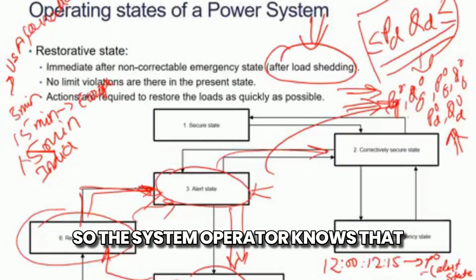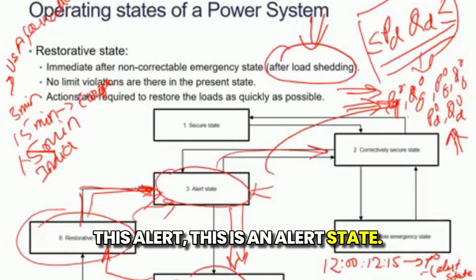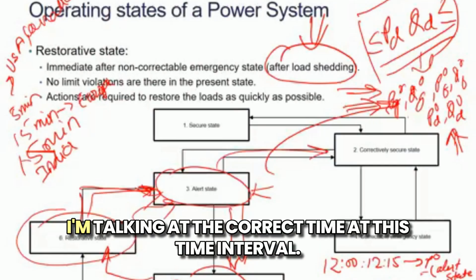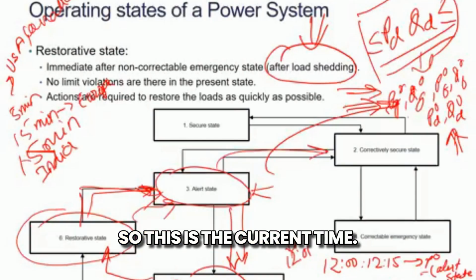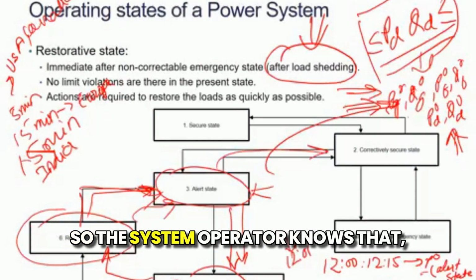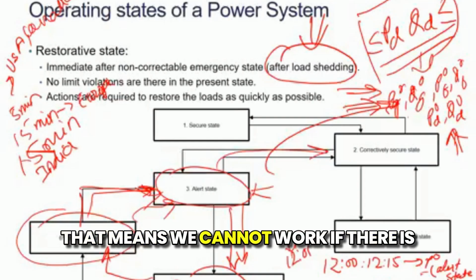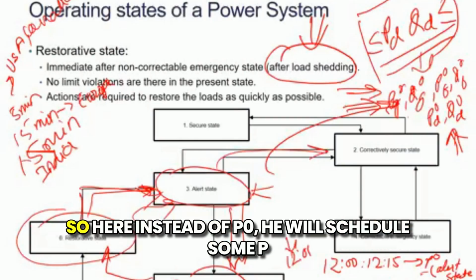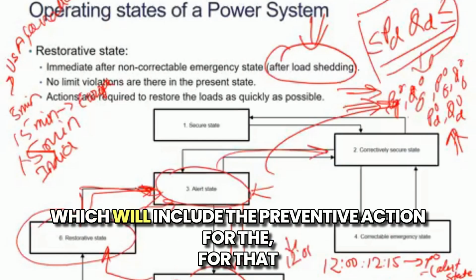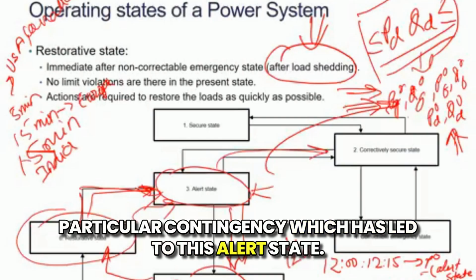So the system operator knows that this is in the alert state, and right now it is 12:01. I'm talking about the correct time, at this time interval. So this is the current time. So the system operator knows that this P naught is the alert state. That means we cannot work if there is some contingency which takes place. So here, instead of P naught, he will schedule some P dash, which will include the preventive action for that particular contingency which has led to this alert state.